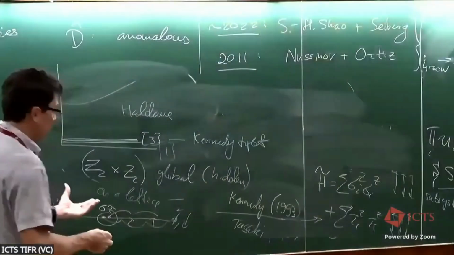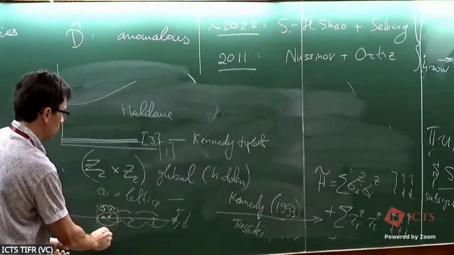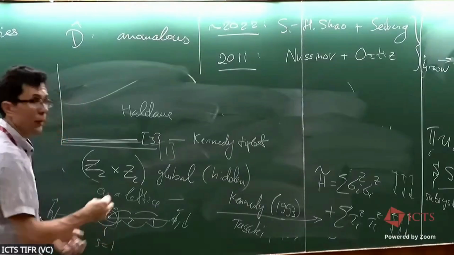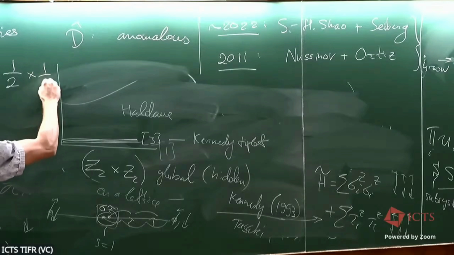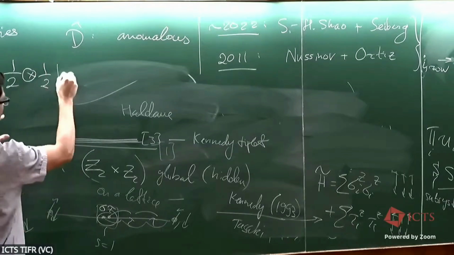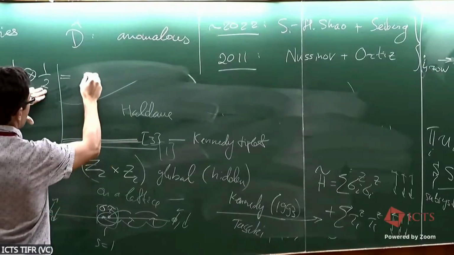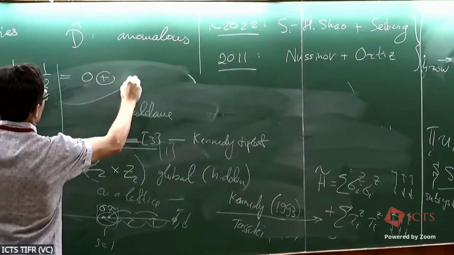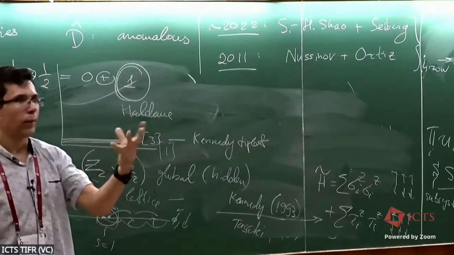In the original formulation, what you do is project the state of sigma and tau onto the S equal 1 state. In other words, you take representations of SO(3), SU(2) in this case, and you choose this state over here. This is close to how MPS work.